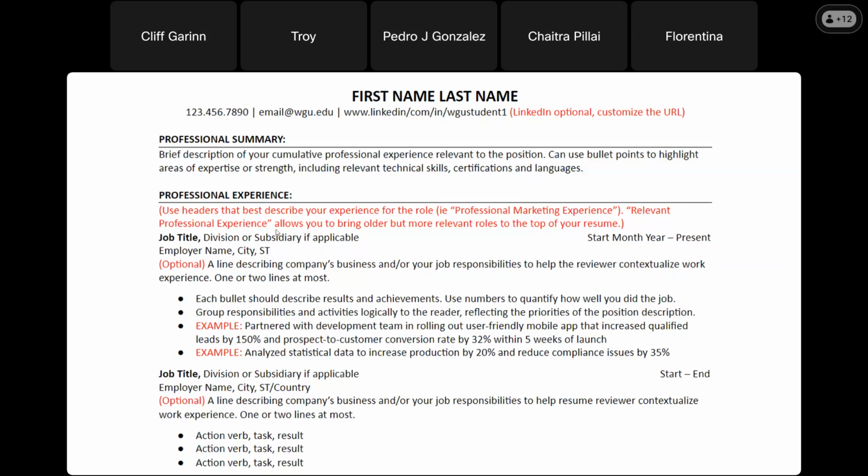I did have one student this morning who was transitioning out of military service, and he worked as a coordinator for a role, and he wanted to know something very similar.